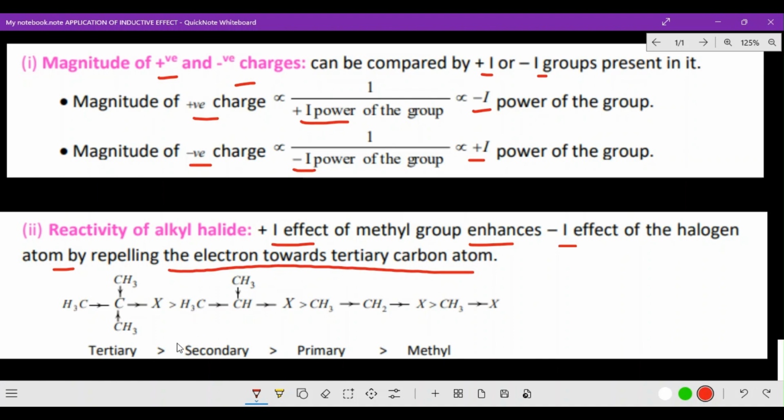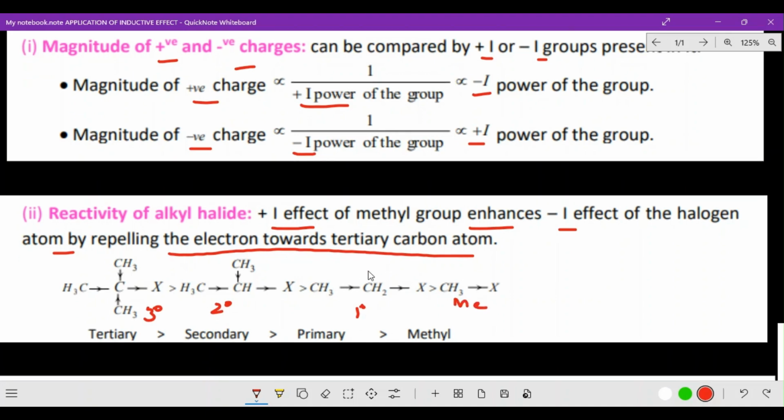So tertiary alkyl halide is always greater in stability, a point to be noted down. Tertiary alkyl halide is stronger, that means more stable, with stronger reactivity than secondary, primary and methyl. So tertiary, secondary, primary and methyl. Please remember all these points.